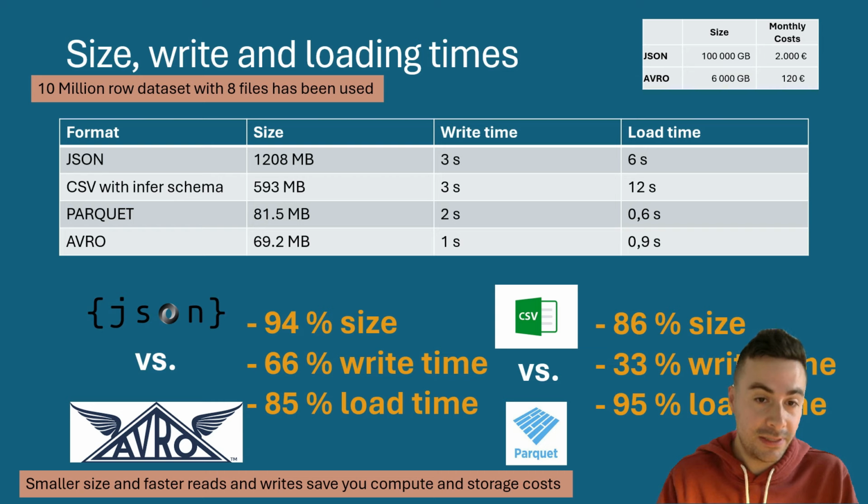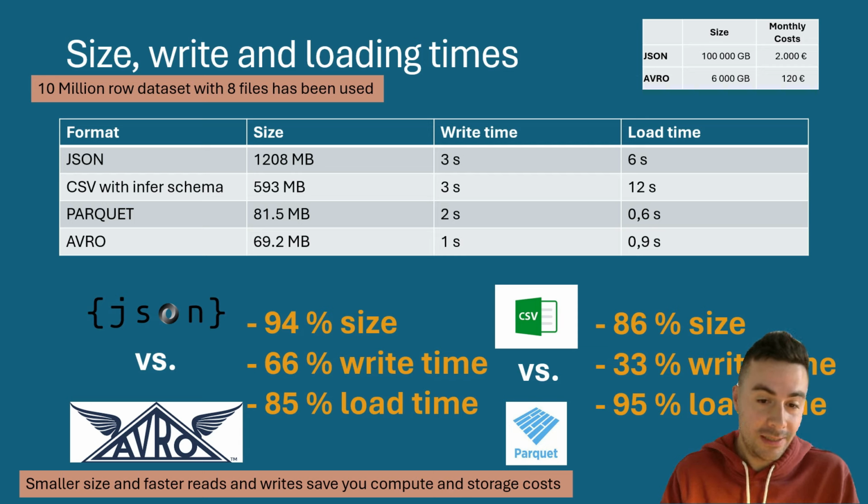Then CSV is around half of it, and Parquet and Avro are significantly smaller. And similar with the write and the loading time. As already mentioned, Avro is the fastest when writing. Loading time wise, Parquet is quite a bit faster because Parquet is built on efficiency.